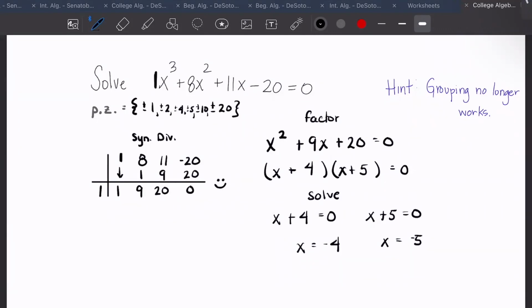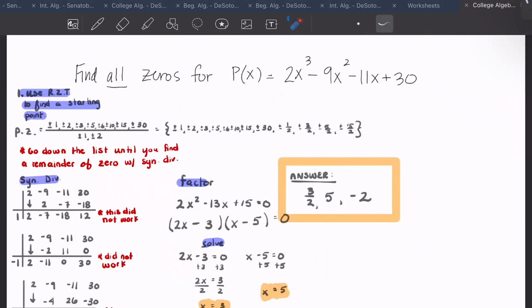Our answer, though, will be 1, negative 4, and negative 5. We had to use the one that worked, that gave us 0, and then we used the other ones too that we found. So these don't have to be very long. They're only longer whenever you need to do synthetic division a couple of times to find your 0, but that's the only way that they're super long.